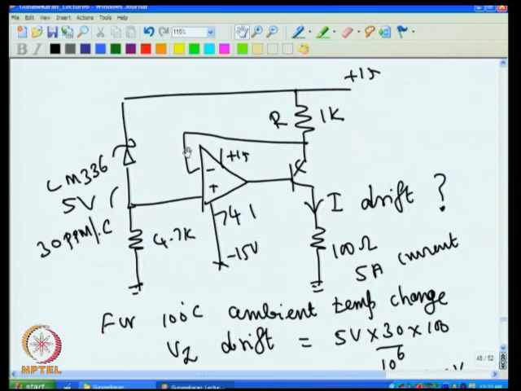That means the voltage across this will change by 1.5 millivolt. So 1.5 millivolt divided by 1K will be the current change. So that will be a 1.5 microampere current change.